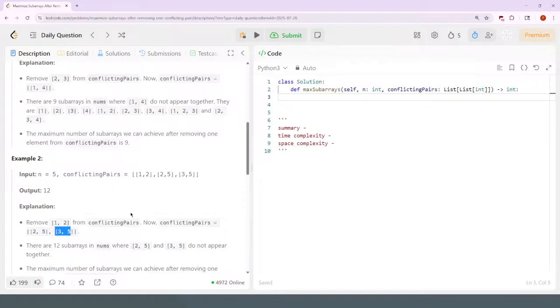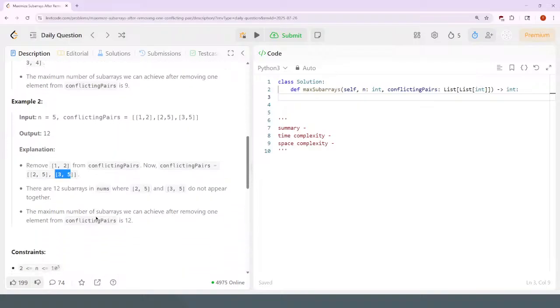So of the 15 possible subarrays, I think 1 through 5, 2 through 5, and 3 through 5 are the only subarrays that would conflict, and any other subarrays would be non-conflicting, so 15 minus 3 conflicting subarrays would be 12.